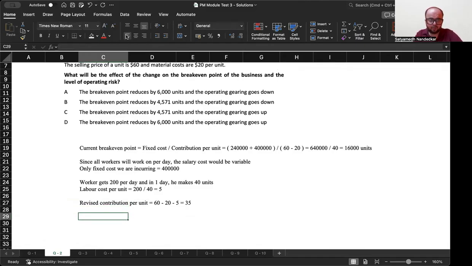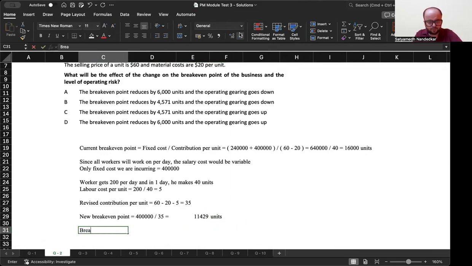So if now I want my new break-even point, it's the same formula that I have to apply. My fixed cost is 4 lakh. My contribution per unit is 35. How much is my break-even point now? My break-even point is 11,428, or 11,429 units if I round it up.